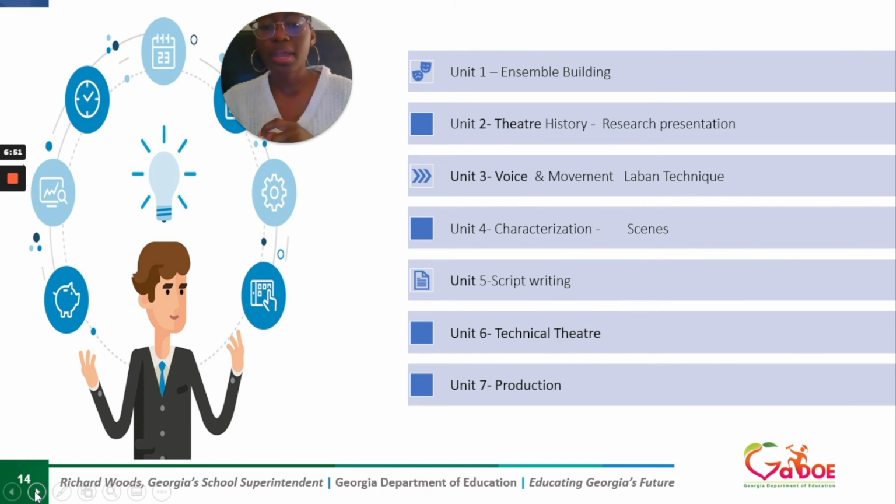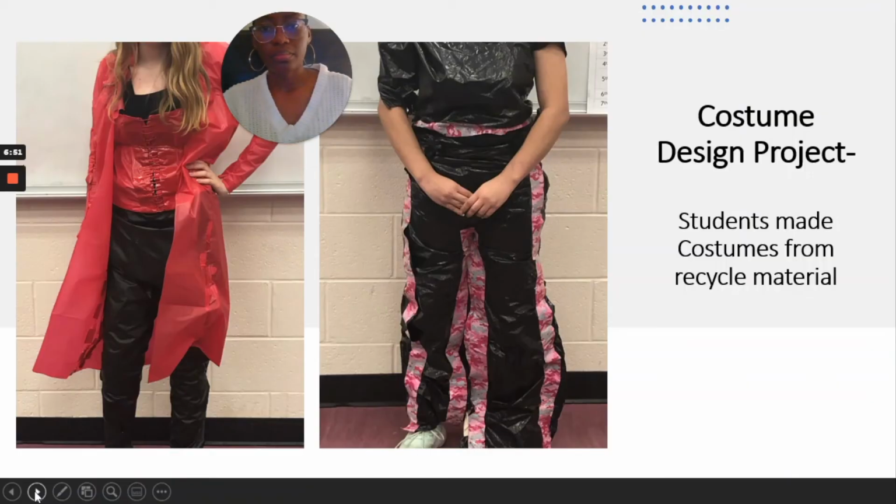For this unit, I may have the students write a one-act play, or if they did the small skits in 7th grade, I may have them write a 10-minute play. Unit 6 is our technical theater unit, and Unit 7 is our production unit. They often work on a class production for Unit 7.